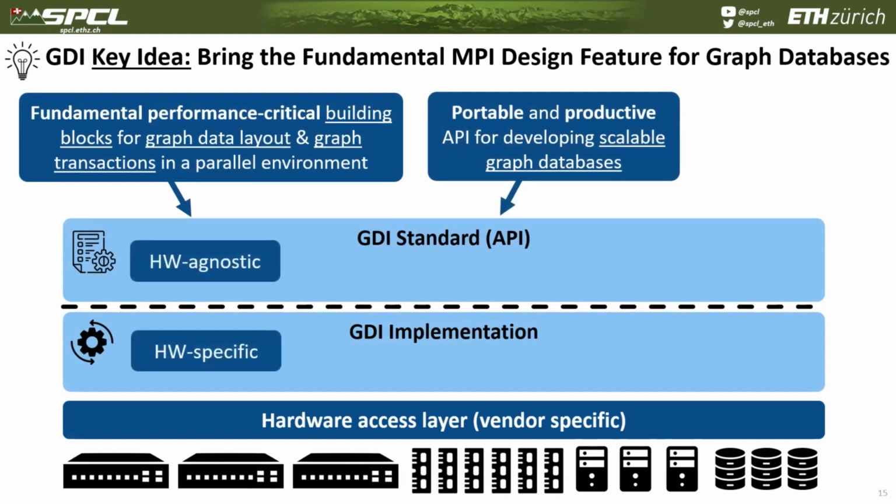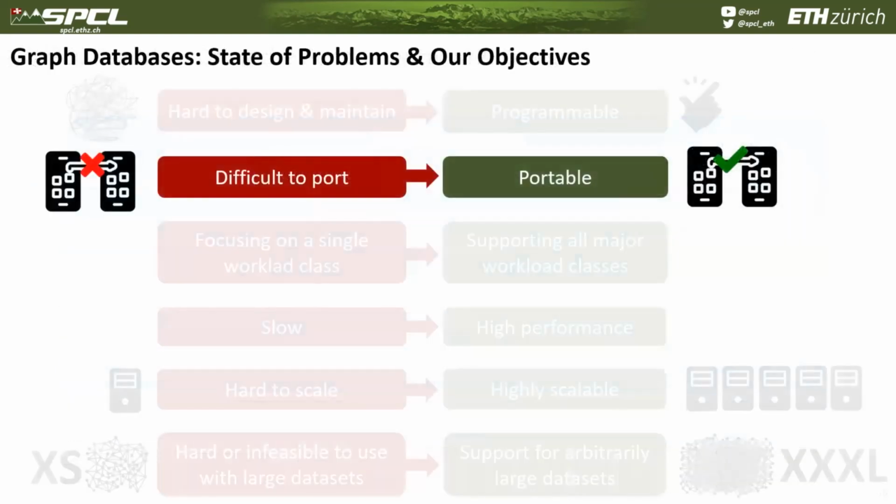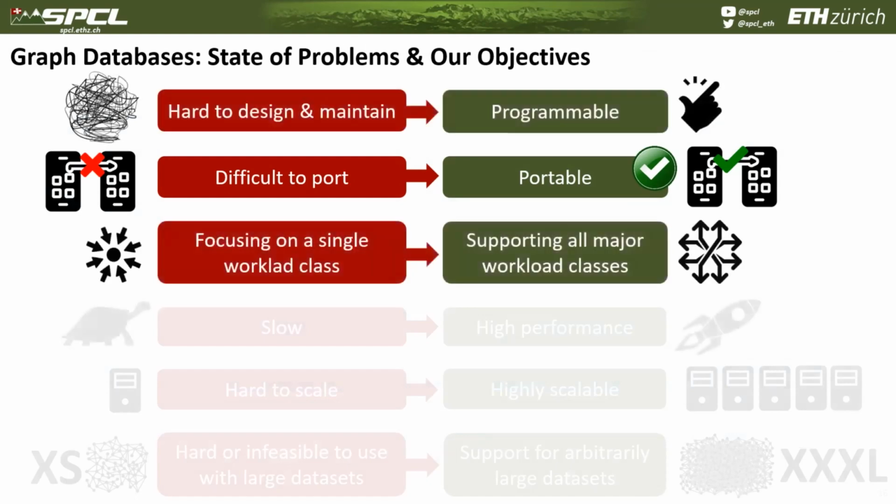And again, as it's hardware agnostic, it means that on one hand, it makes it easier to build graph databases that are going to be portable. So really this design decision by default makes these systems portable, facilitates portability. Now, it also helps a lot with two other of these challenges, namely making them programmable and versatile to different classes of workloads. So now let's take a look at how we deal with these two other challenges.